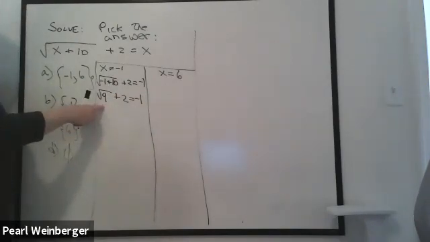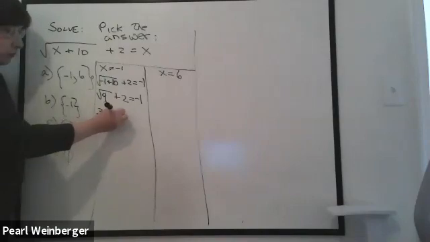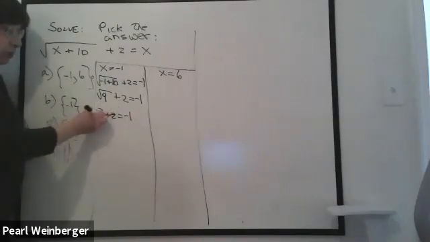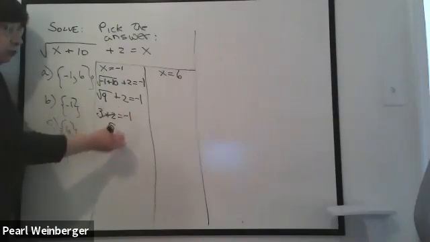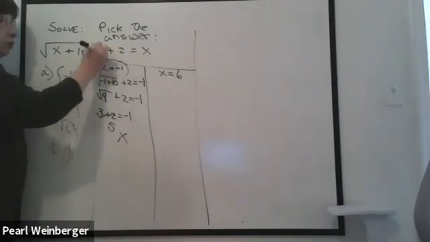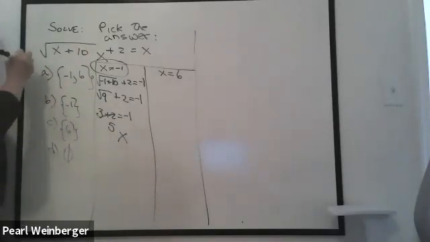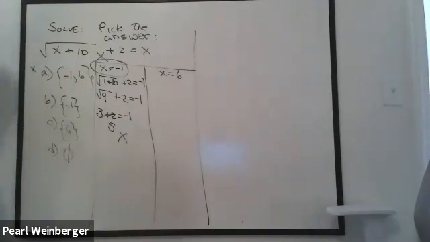And I know that the square root of 9 happens to be 3, so I get 3 plus 2 equals -1. But 3 plus 2 equals 5. These two are not equal. In other words, this answer is no good. So this can't work because choice A has -1 and 6, and that can't work. So it might be just 6 is the answer, or it might be nothing is the answer.